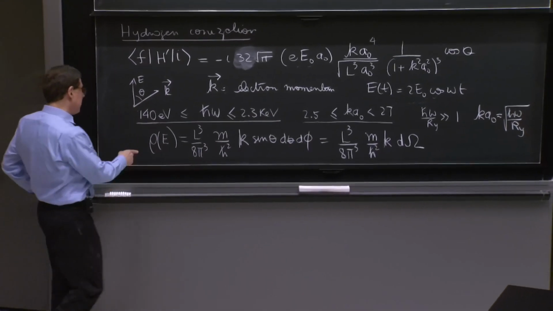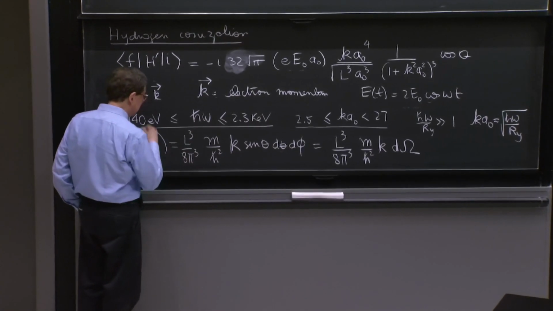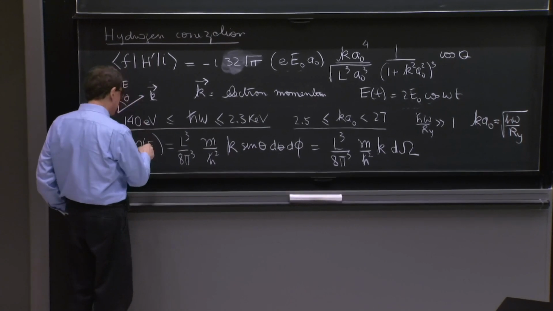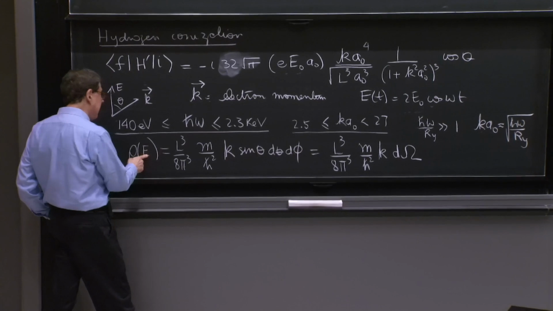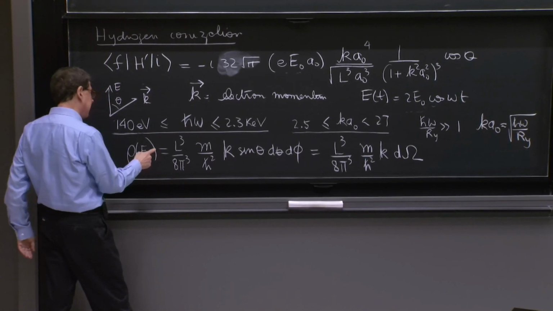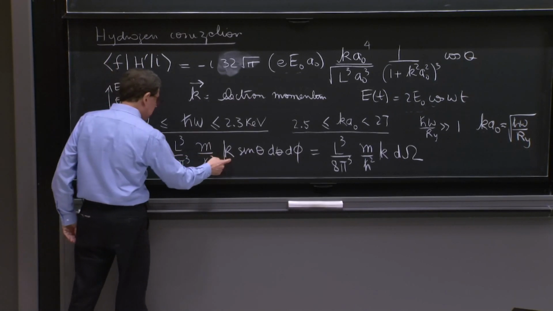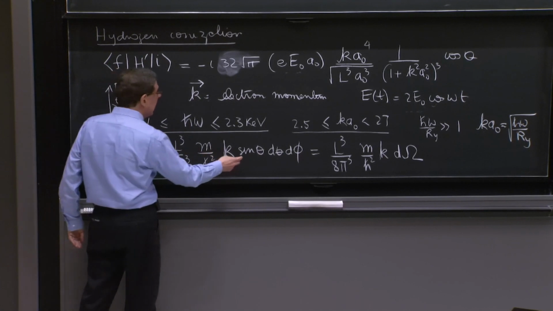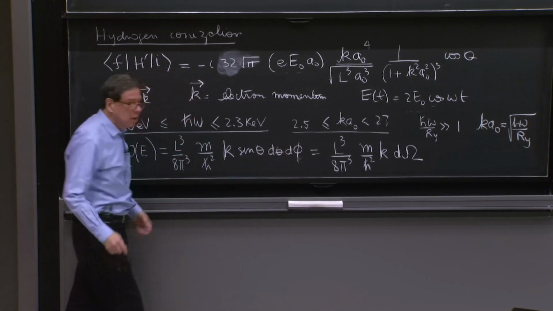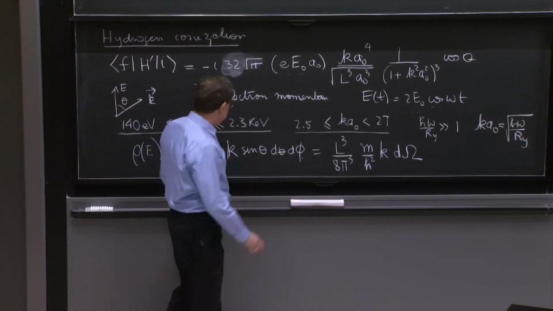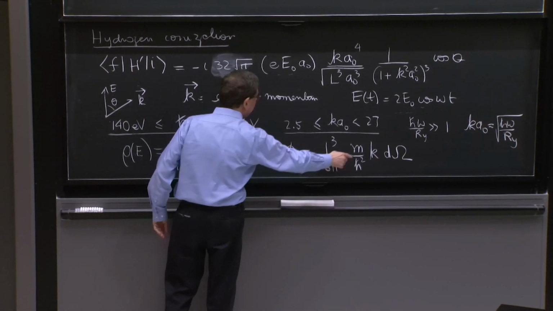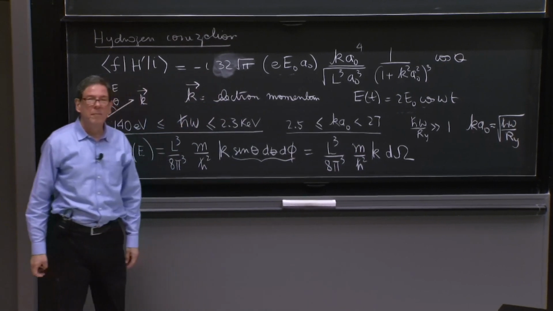And this was the formula for the density of states with some energy E. These were free plane wave states, energy E, momentum K associated with E, and being shot into some solid angle in space. And this is the solid angle, so I wrote it as a solid angle in here.